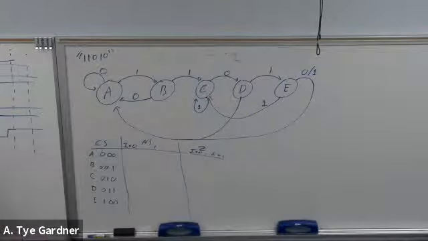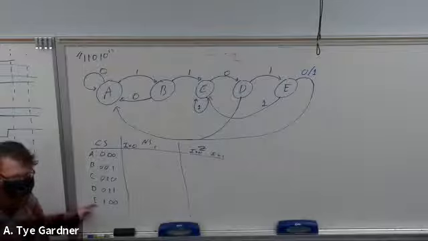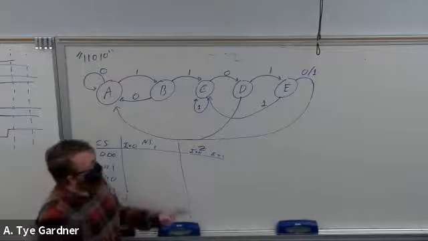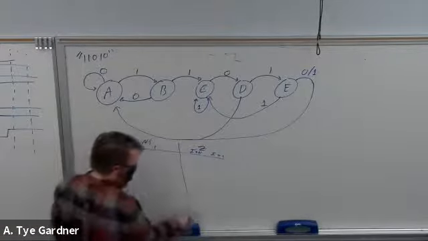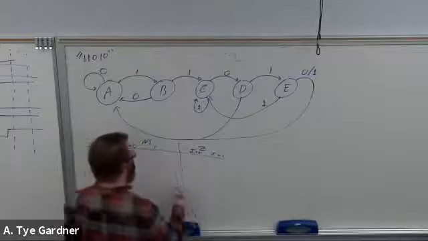Well, let's start with Z, because it's easier, right? It only outputs a 1 if I'm in E, and my input is 0. Everything else is 0, right?